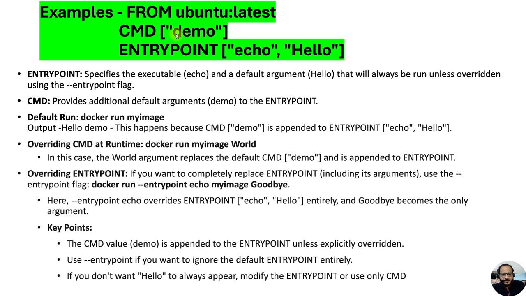That's how you can utilize the entry point and CMD instructions in your Docker file. They basically work together. That's the main point. But the entry point decides the behavior of your container when it gets started, and CMD is a kind of action which is performed and then it will exit.